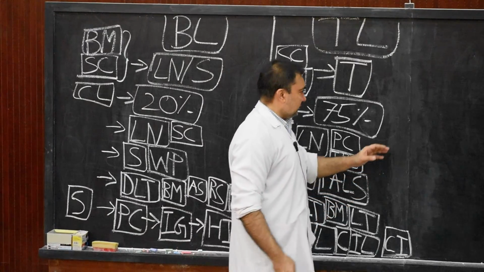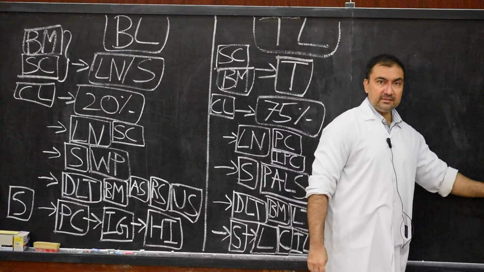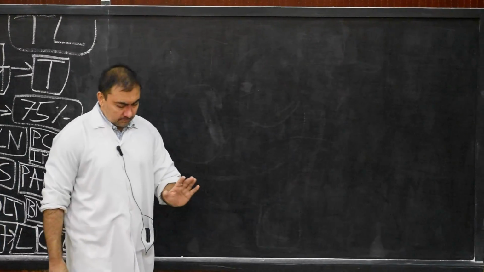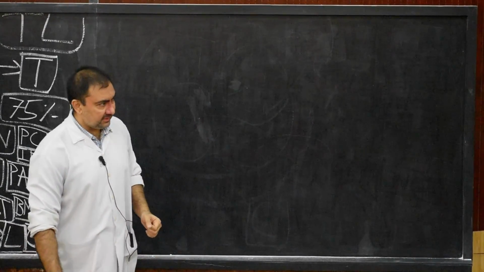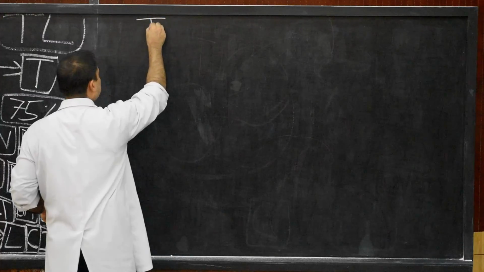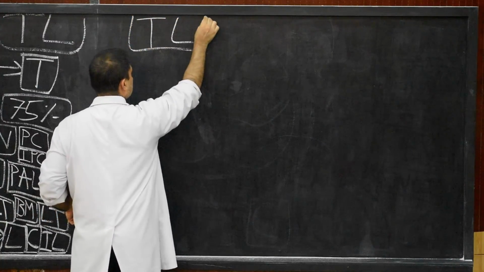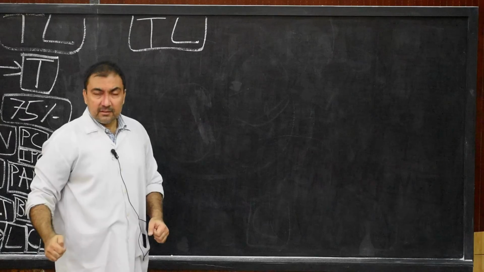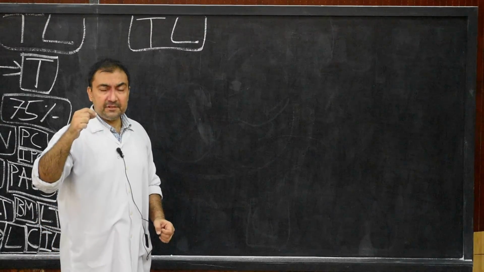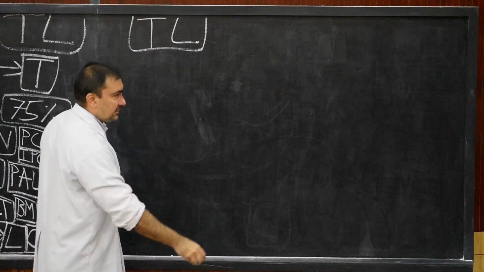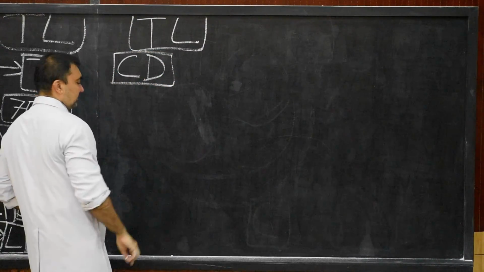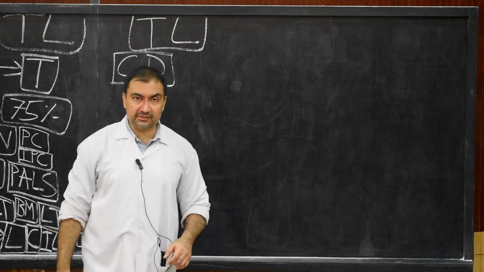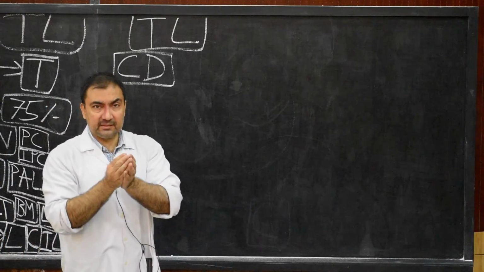Now here on this side, we'll take the help of this space. Here we are going to discuss differentiation of T lymphocytes, based upon CD, clusters of differentiation, as marker molecules, which mark the cell surface.